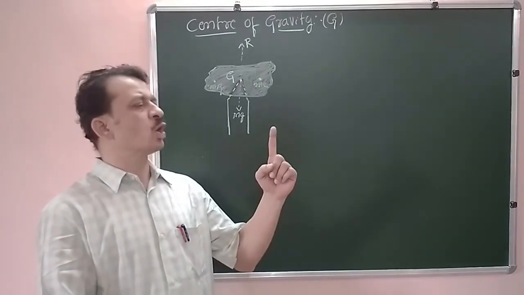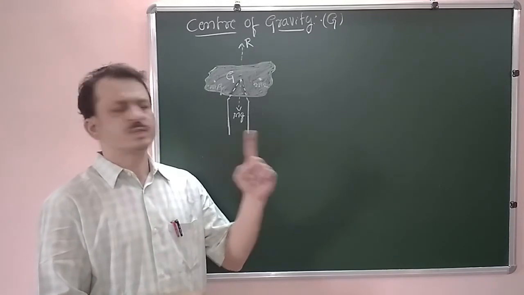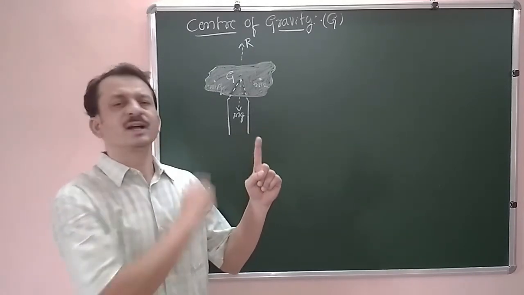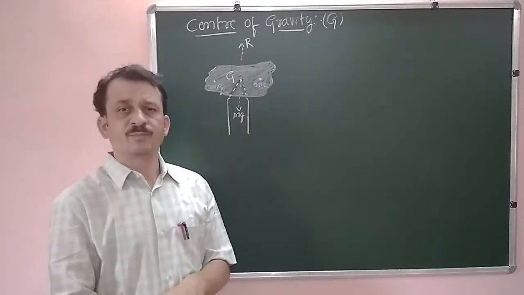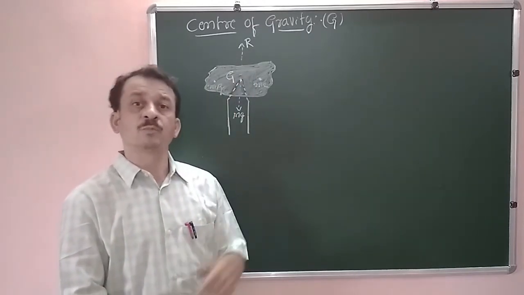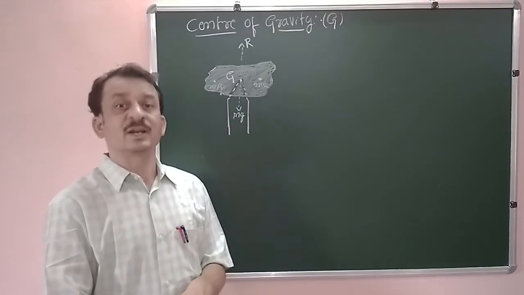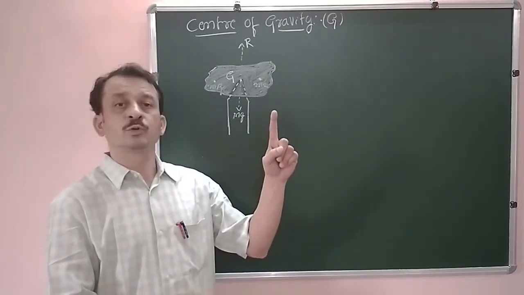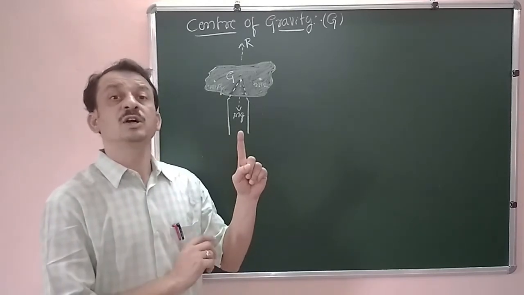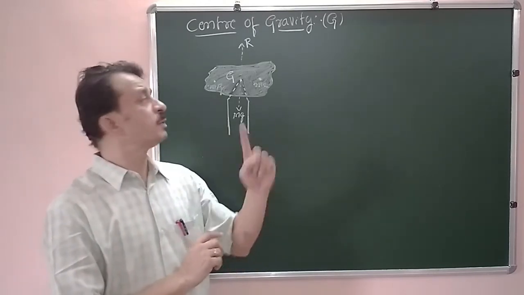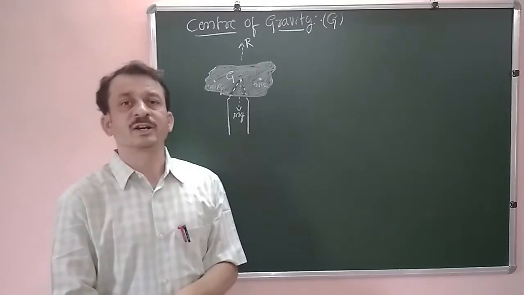Now that particular point in the notebook, which is balanced exactly at the tip of the finger, corresponds to the center of gravity. Even you might have observed some football players balance the football on the fingertip or over the toes. That particular point corresponds to the center of gravity.